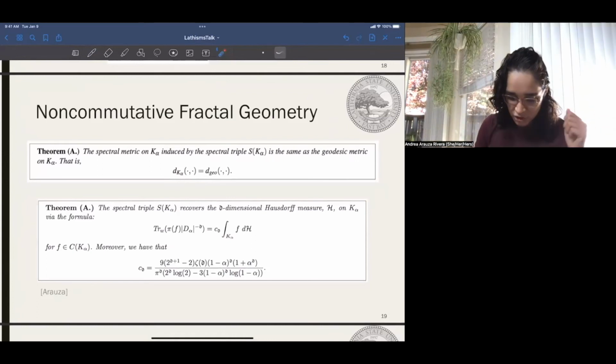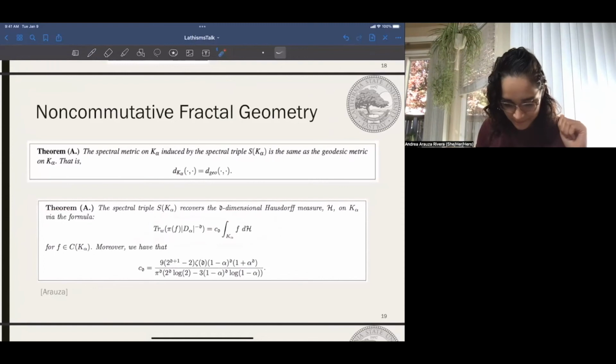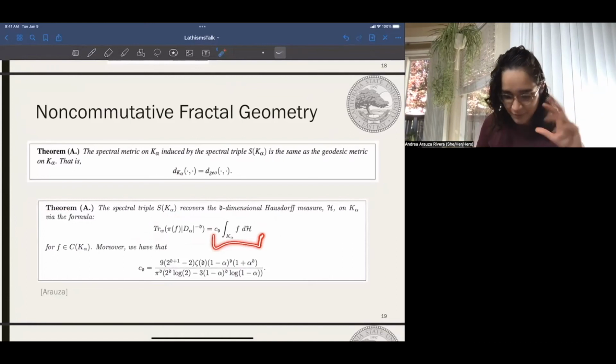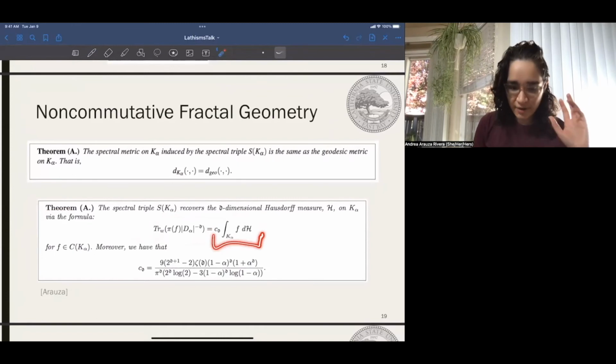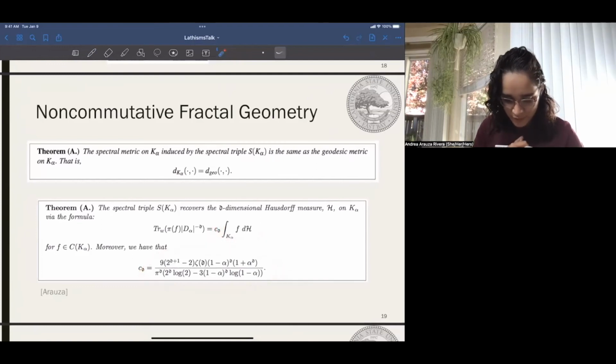So for this particular theorem, I'll just direct your attention to this middle part here, this equation. On the right-hand side, this is entirely about the space K alpha, the Stretch-Sierpinski gasket. This is the Hausdorff measure on the gasket, right? We're integrating with respect to this measure. I happen to have some messy constant out here, but that's not too important.